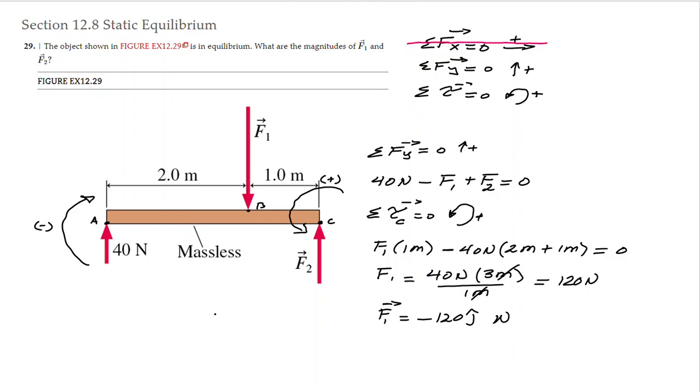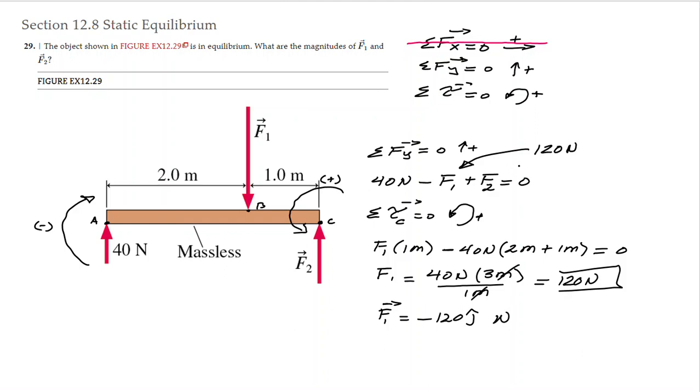Remember that the unit vector in the direction of the y-axis is the unit vector j. Now we're going to substitute the value of F1 that we found into the equation we found previously, the sum of the forces in y. So we replace F1 by 120.